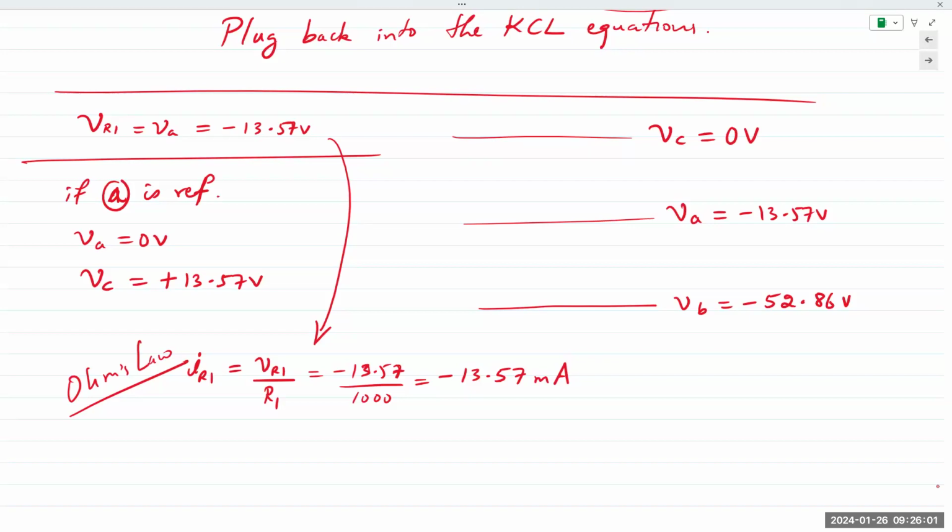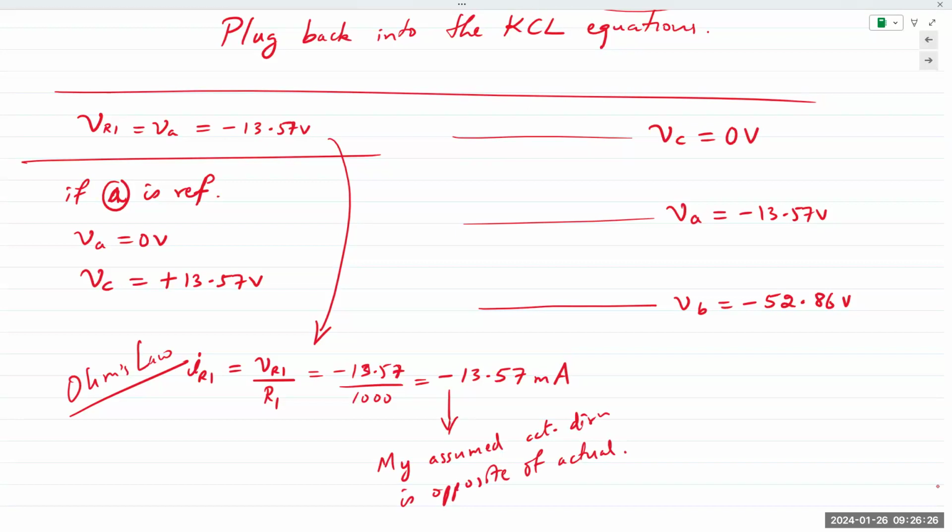So now I obtained a negative, which simply means my assumed current direction is opposite of the actual one. It doesn't mean that my answer is incorrect.